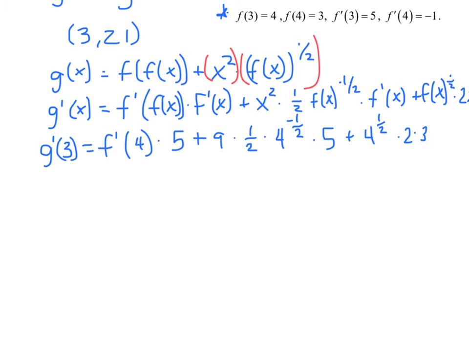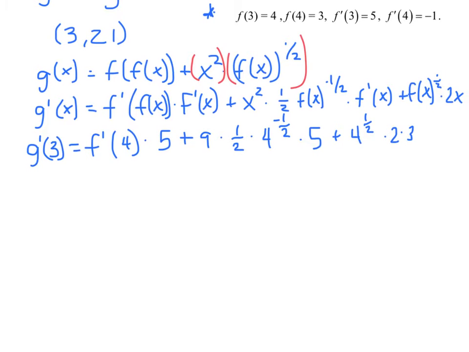So, went off a little bit on my screen there. Okay, so cleaning this up, couple last steps here. Okay, so f prime of 4, we have as negative 1 times 5, okay, plus, all right, I'm going to go ahead and multiply the 9 here and the 5, and that would give me 45, okay, times, all right, so now I have 1/2 times, what's 4 to the negative 1/2?